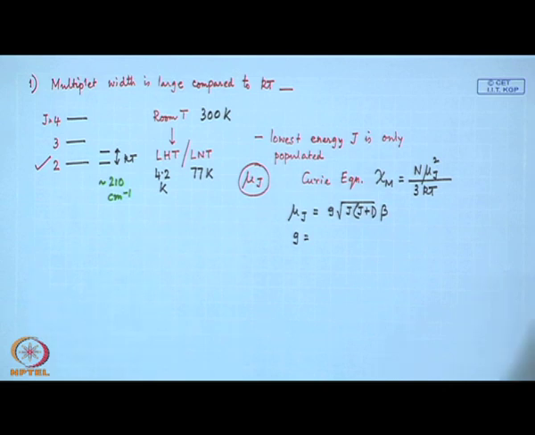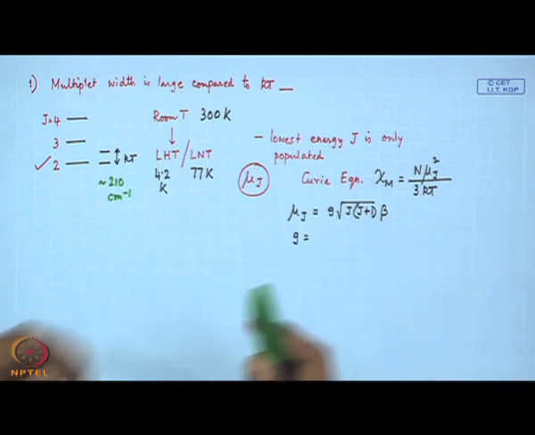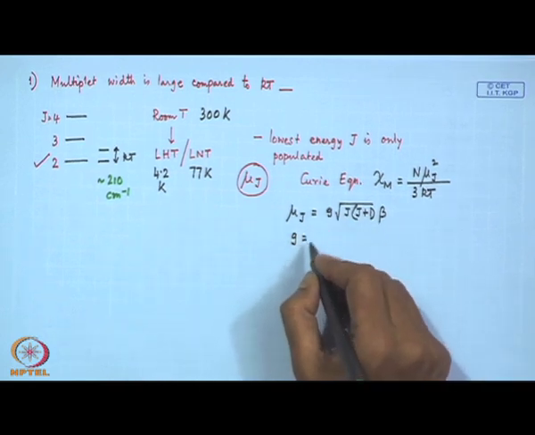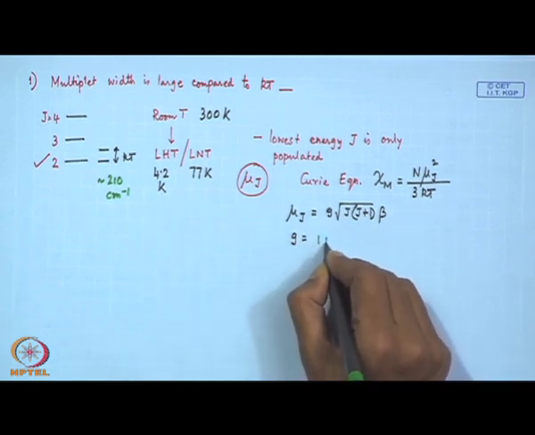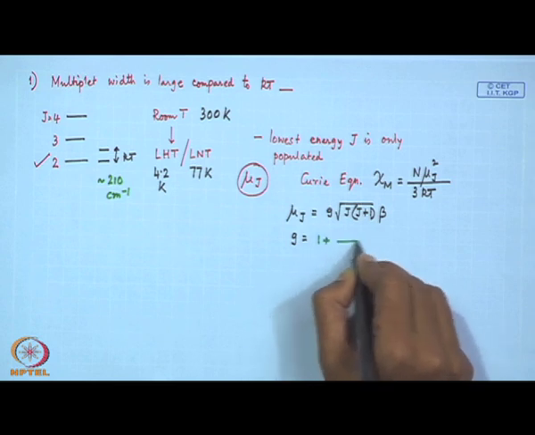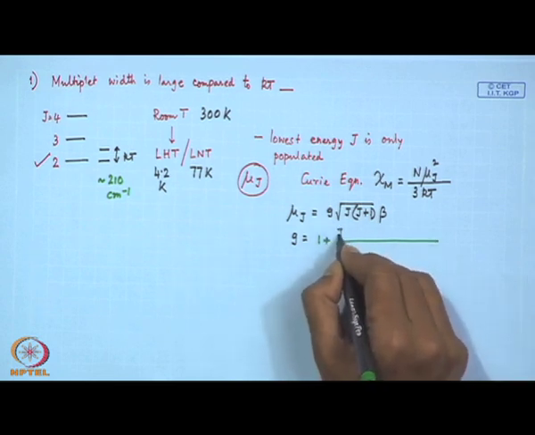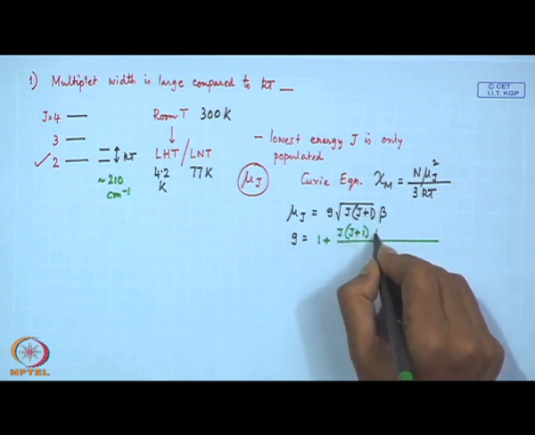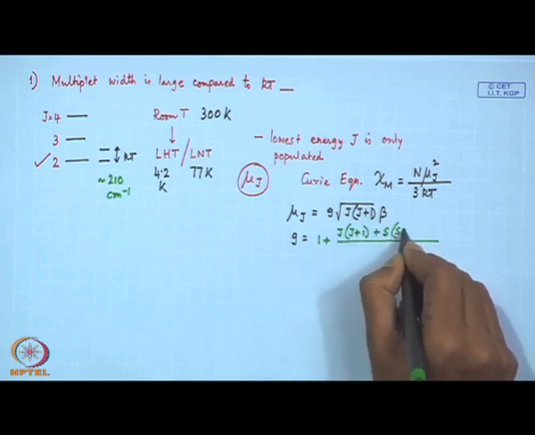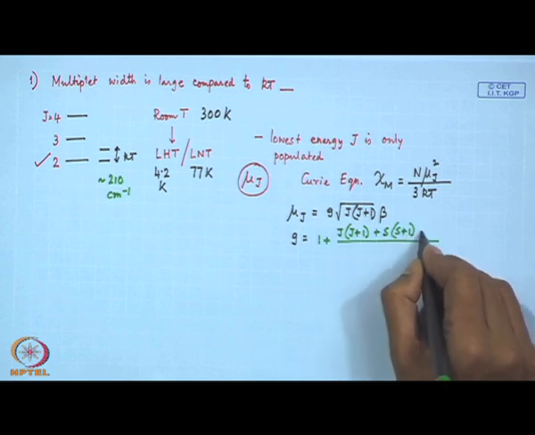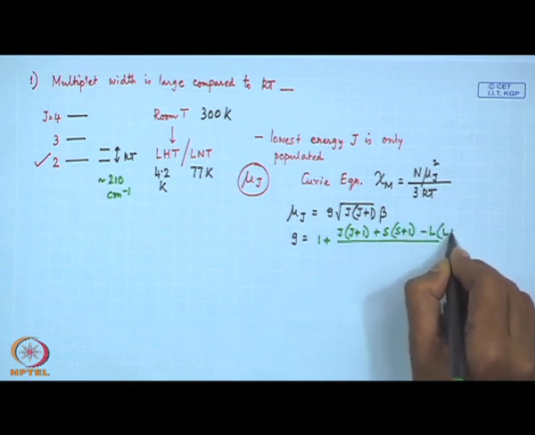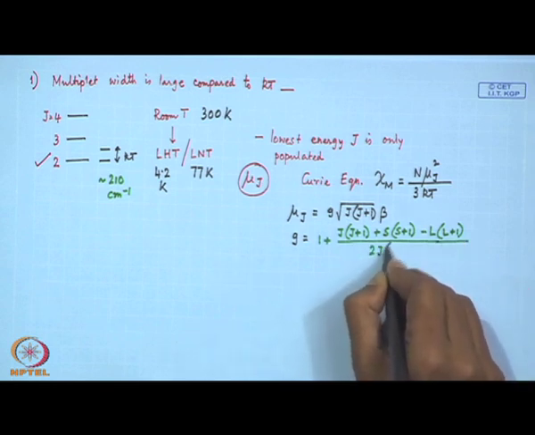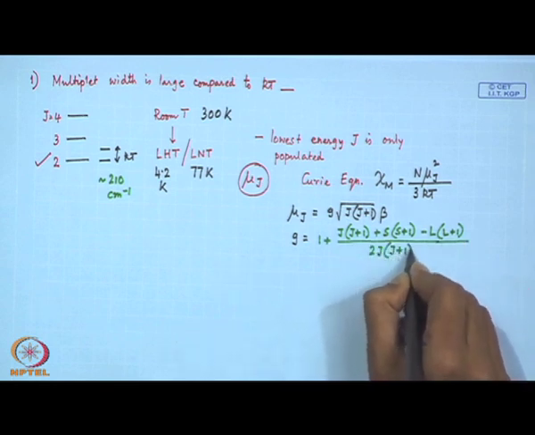This ratio has a relationship with the quantum numbers, and the multiplier for the magnetic moment is 1 plus J into J plus 1 plus S into S plus 1 minus L into L plus 1, divided by twice J into J plus 1.